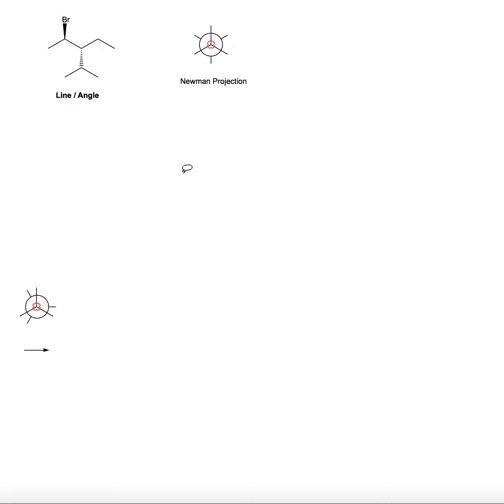Okay, so here is a line and angle structure. Remember, a line and angle structure is a structure that does not show any hydrogens.